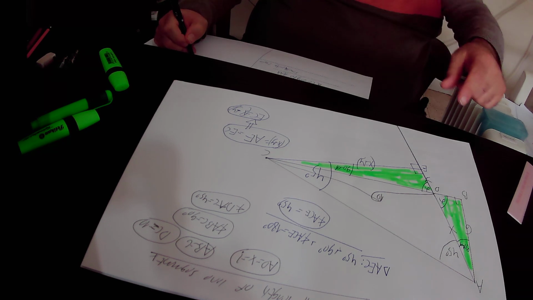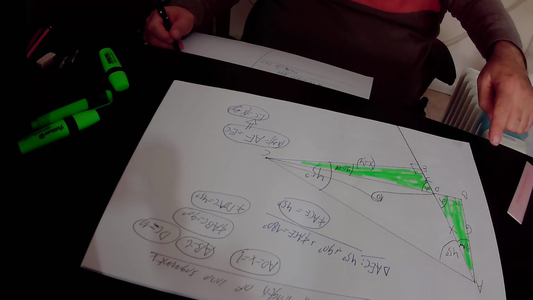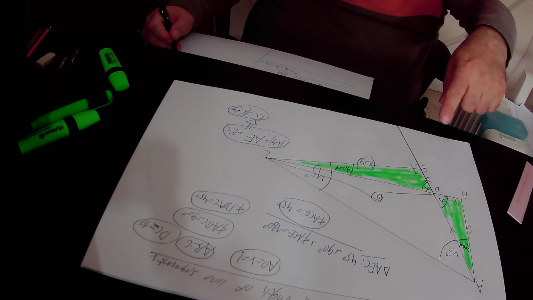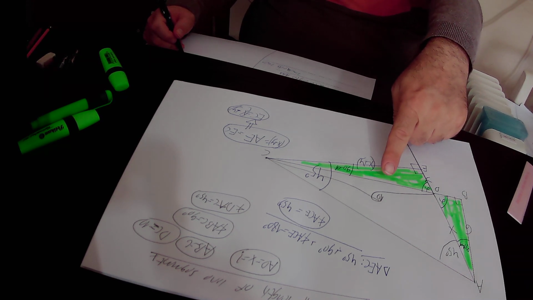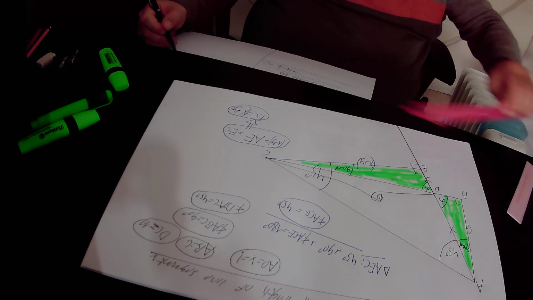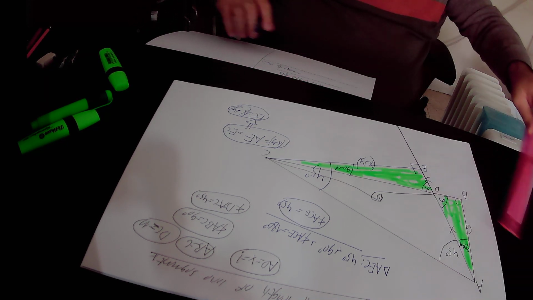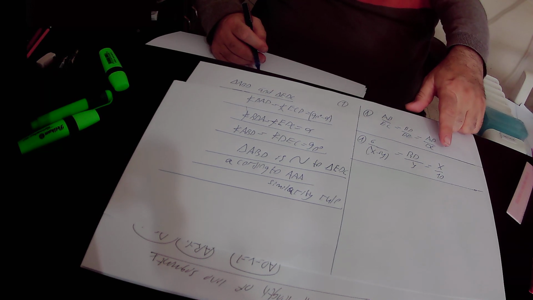BD over DE equals y according to our definition, and AD is equal to x over DC. DC equals 10 units according to what is given in the question. So in conclusion, according to equation number 1, 6 over x plus y equals BD over y equals x over 10.